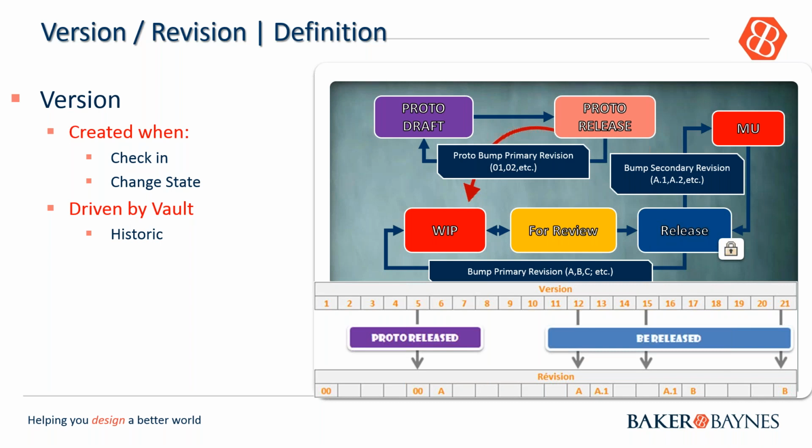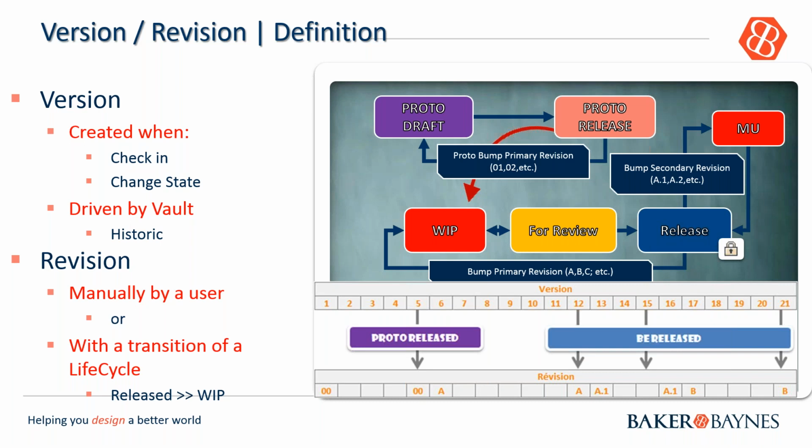So you could have as many versions on a file as it moves along. Now, this could be restricted as well. So we've seen people that restrict their file versions to maybe 5 or 6 or 10, but you could have it set to create versions for any check-ins or any state changes that come in.